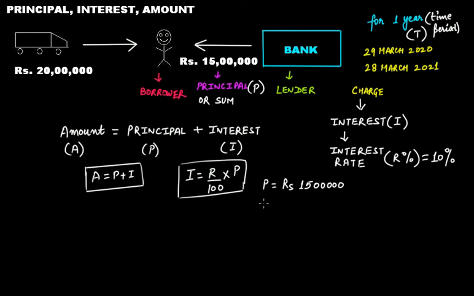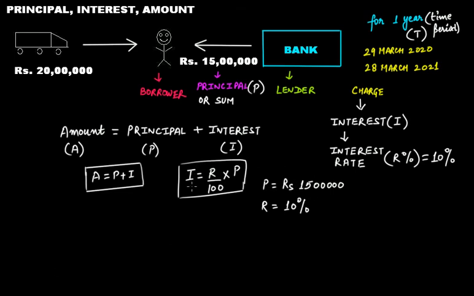So the interest rate, that is R, is 10%. This 10%, that is the interest rate, is on the principal amount given to you. So the interest will be calculated using this interest rate and on this principal amount.